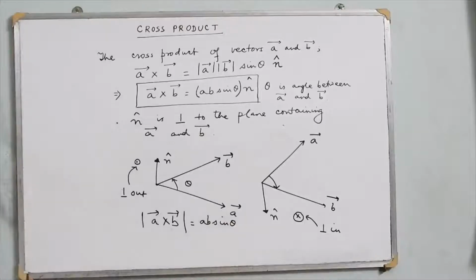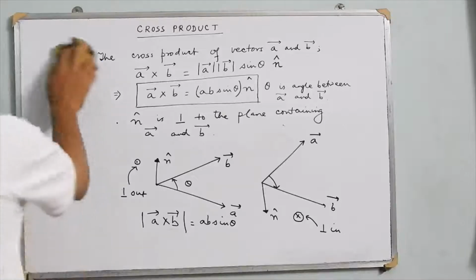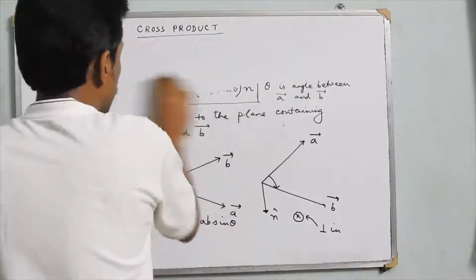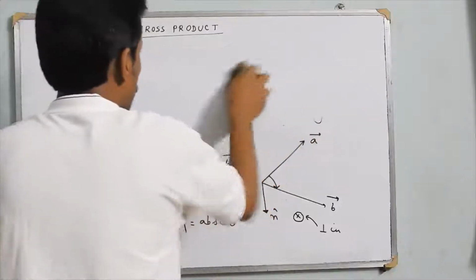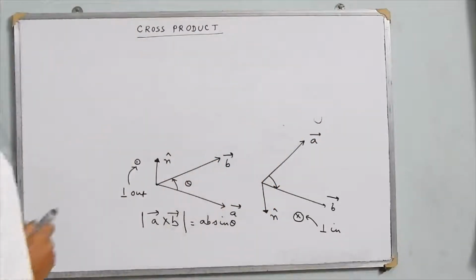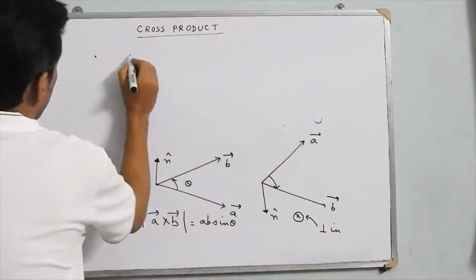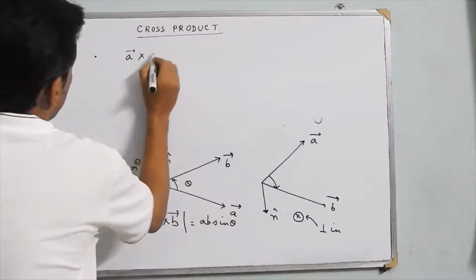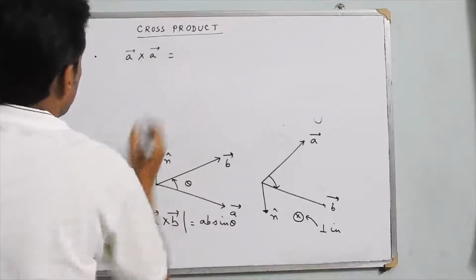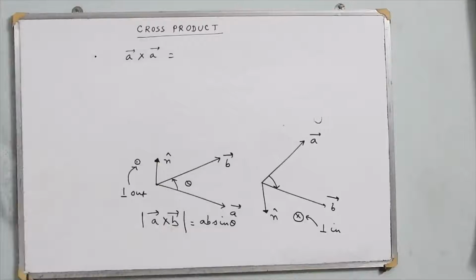So now we can define this cross product with respect to the unit vectors along the x, y and z axis. So suppose we take the cross product of a vector with itself. A vector cross A vector will provide you a zero vector or null vector.